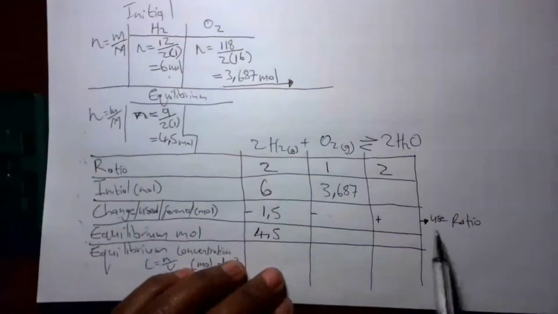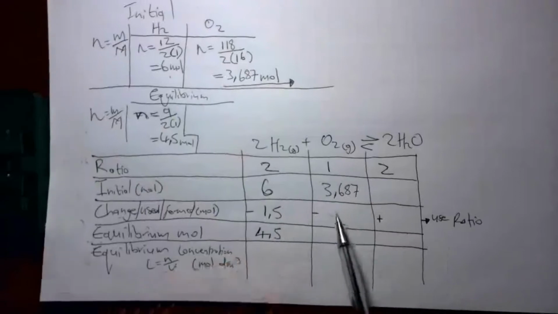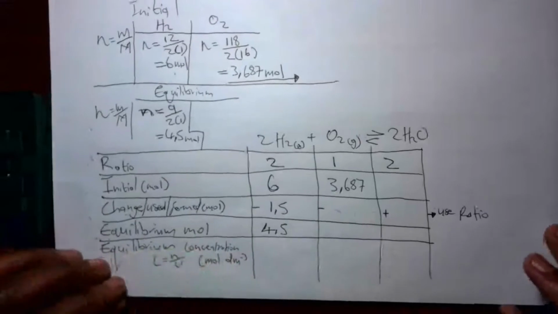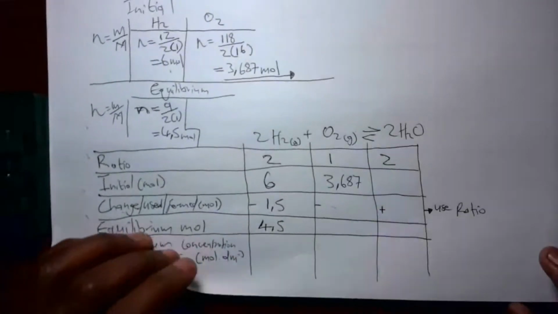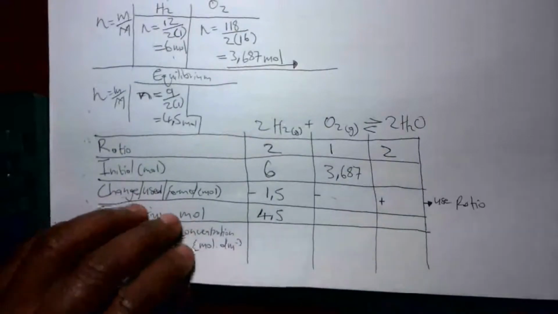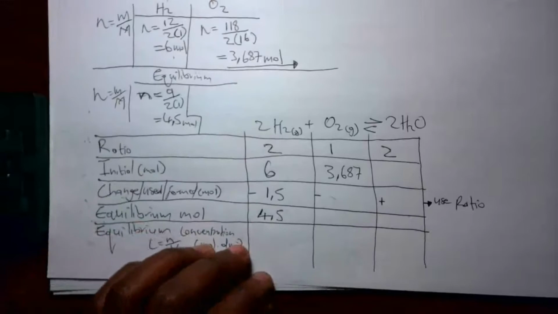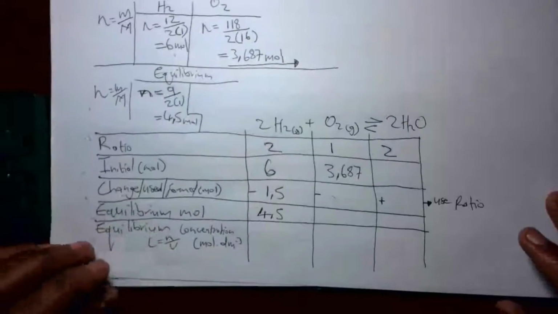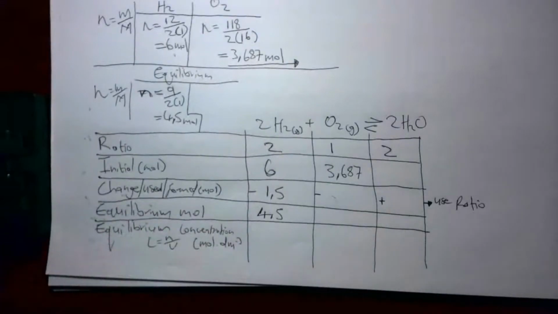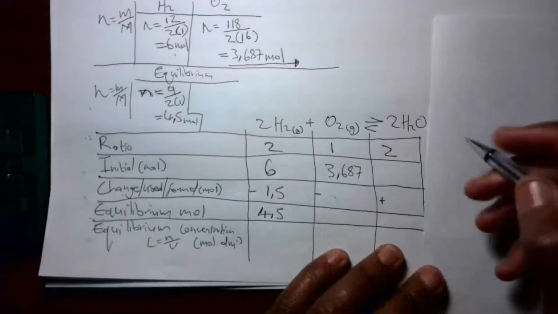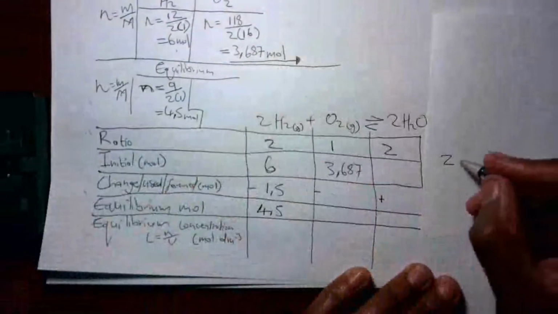Now that we've got a value there, in order for us to get these two, we are going to use the ratios. We are going to use our ratios in the following way. Here we've got 2. This is 2 is to 2 is to 1.